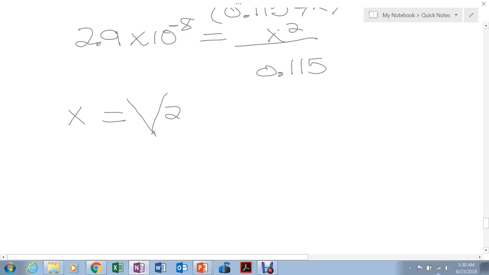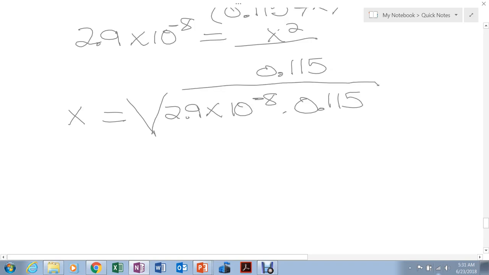the square root of 2.9 times 10 to the negative 8 times 0.115. This is the same that we've been doing. So x would be the square root of this, I'm going to do it directly. If you have any question, text me, please. And it's going to be 5.77 times 10 to the negative 5.